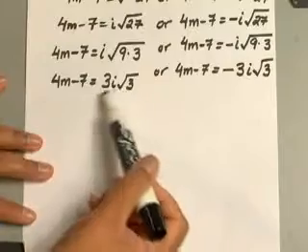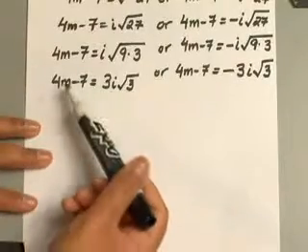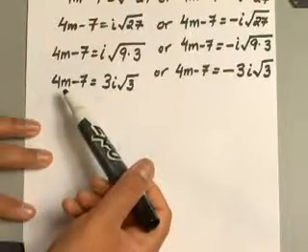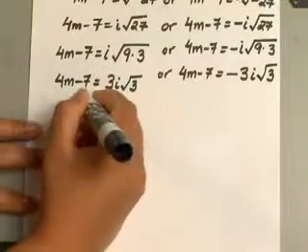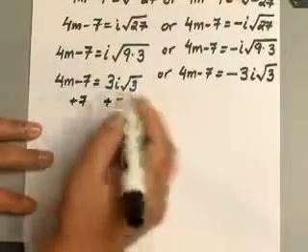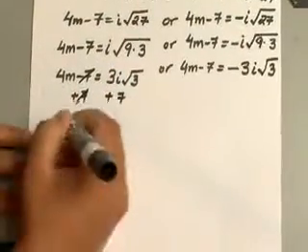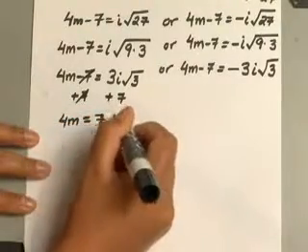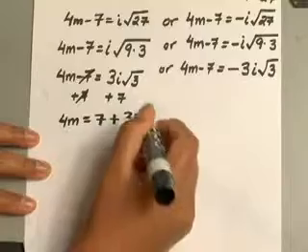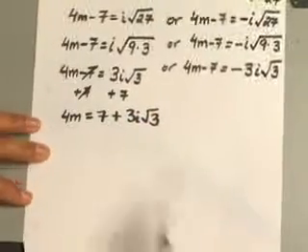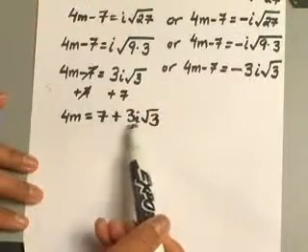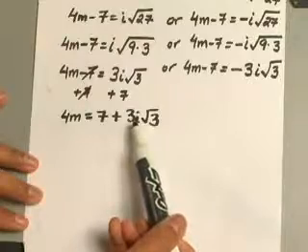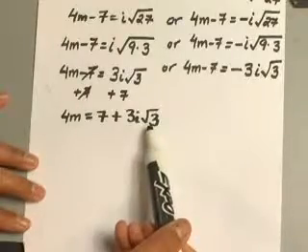Now that we have simplified our radicals, we are ready to isolate m. We're ready to get m by itself. We start by moving the 7 over. So we are left with 4m equals 7 plus 3i square root of 3. Again, you cannot combine the 7 with the other term because this term has an i and it also has a radical on it.